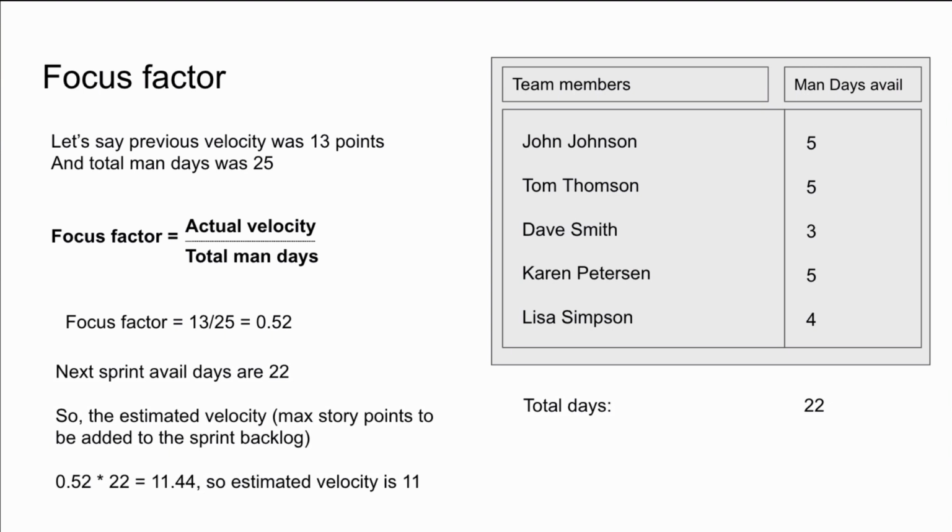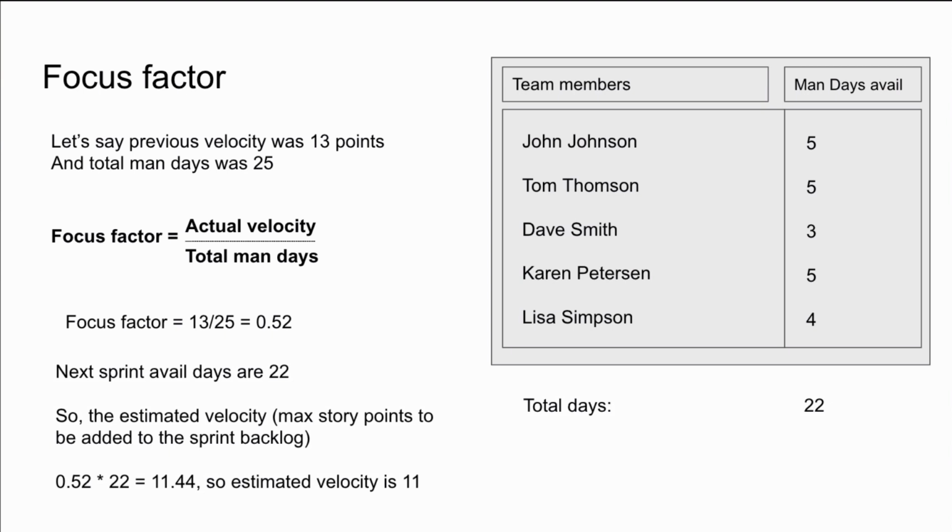The next sprint's total number of available days is 22. So we can now calculate the estimated velocity based on the number of days that the team are available to work together, and then we multiply that with the focus factor from the previous sprint.